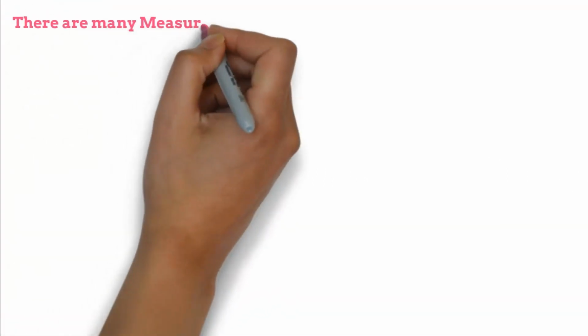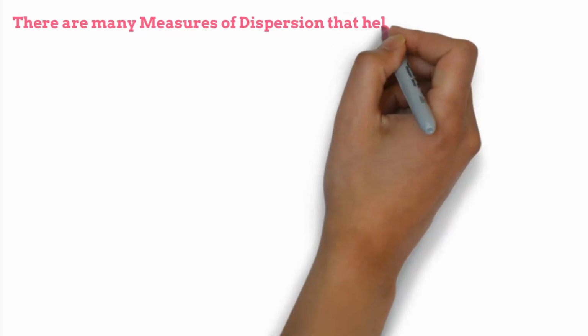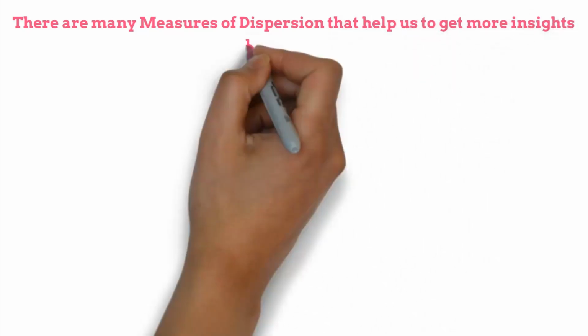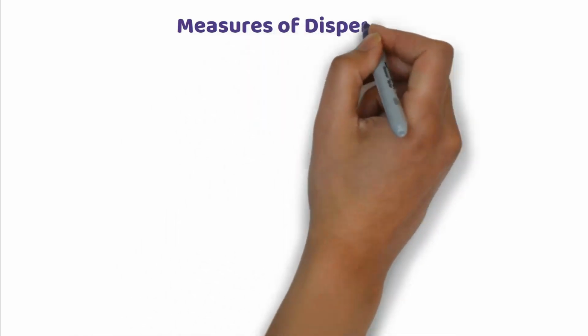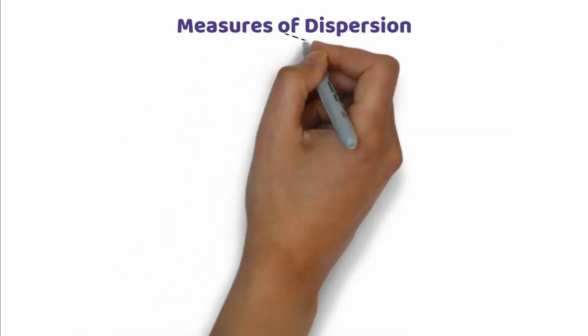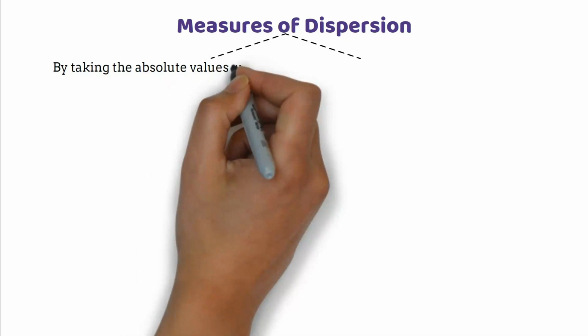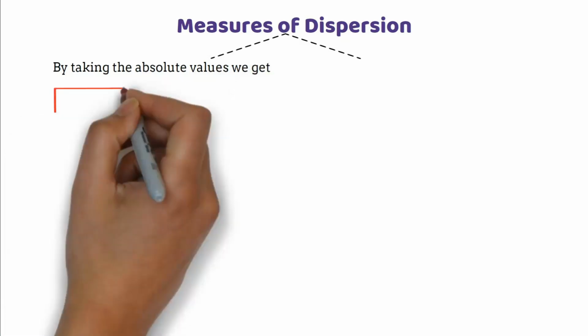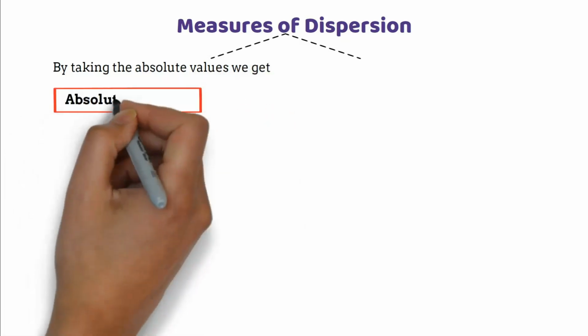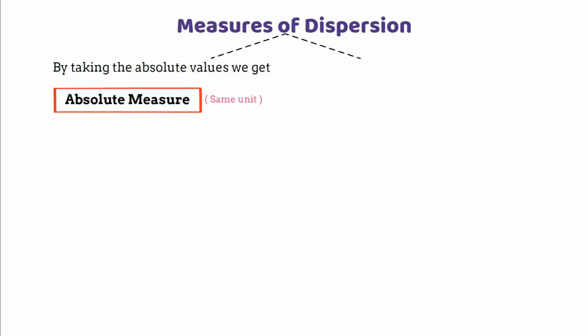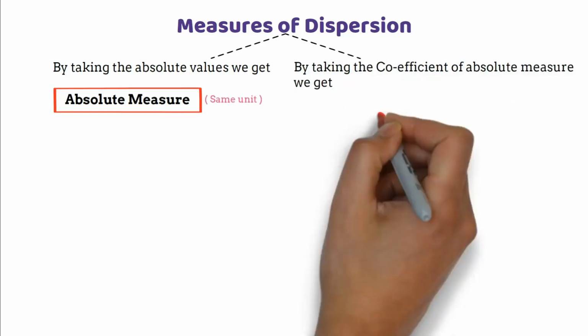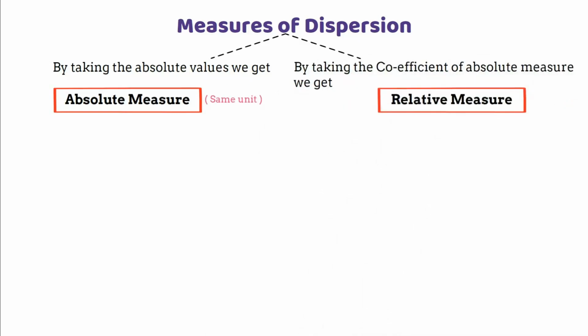There are many measures of dispersion that help us get more insights into the data. Measures of dispersion are mainly divided into two types. One is by taking the absolute values, which gives the absolute measure. By taking the coefficient of the absolute measure, we get the relative measure.